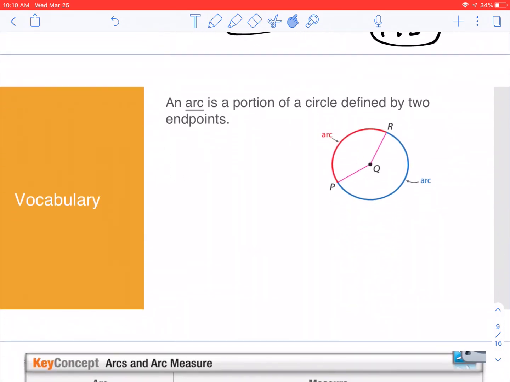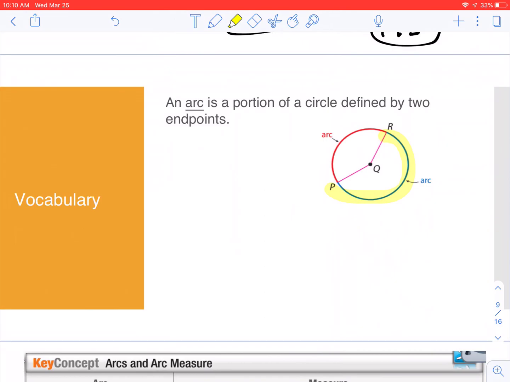All right, the next part of a circle we're going to learn is the arc. Okay, an arc is a portion of the circle, right? So I'm just going to highlight this. The arc just goes like that, or like that. It can be any portion of the outside of the circle.